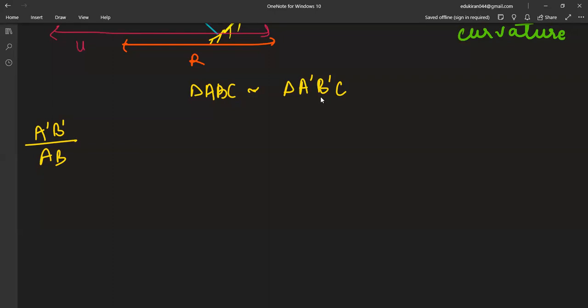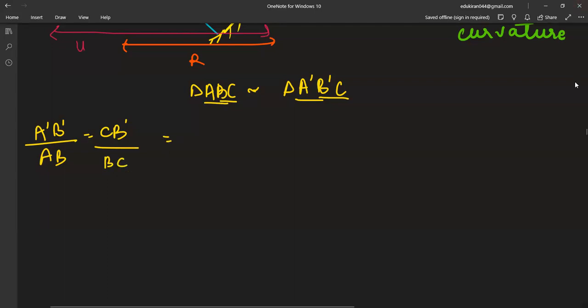All those who are not able to recall this, please revise your triangles lessons from your class 10th NCERT book, whichever textbook you have. If still you are not able to understand, let me know, I'll repeat it. So A dash B dash by AB will be equal to B dash C by BC. So this is CB dash by BC.